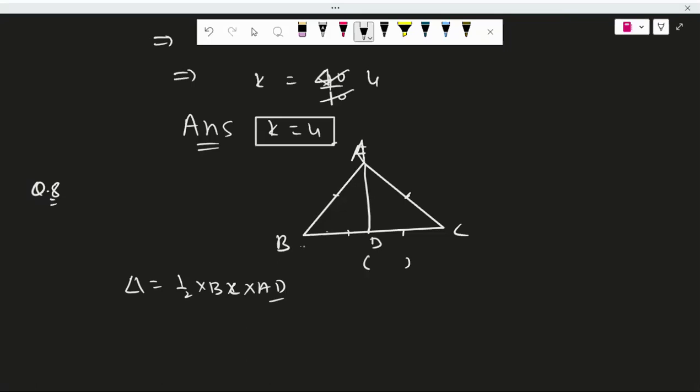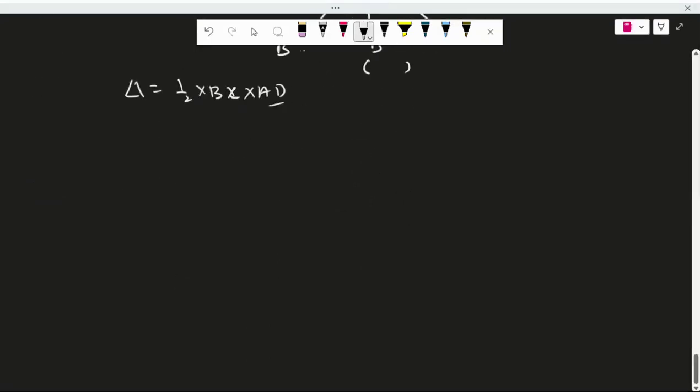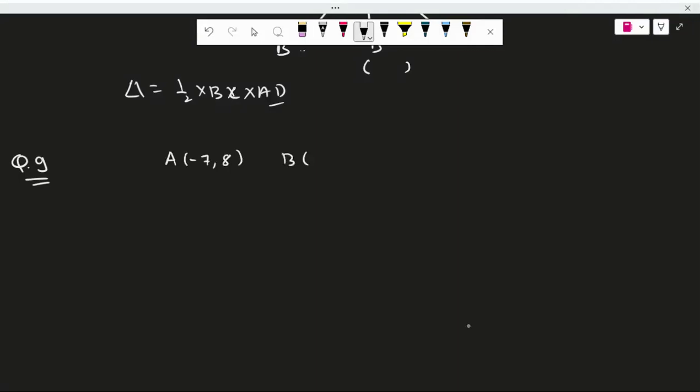Question number 9: triangle ABC has vertices A, B, and C. A is (-7, 8), coordinates of B are (3, k), and coordinates of C are (8, 5).